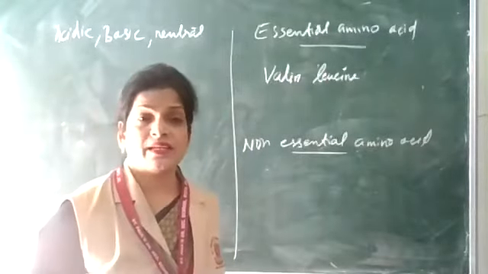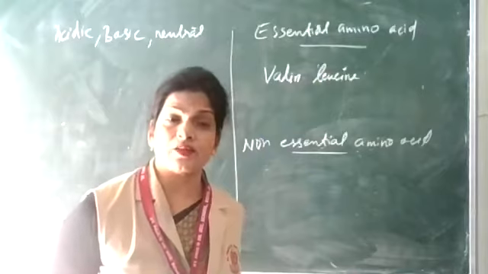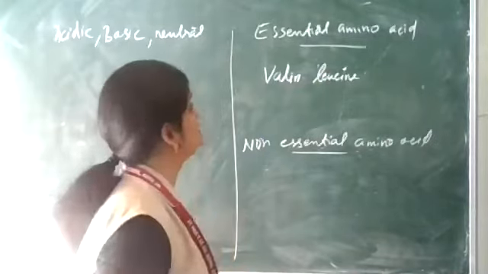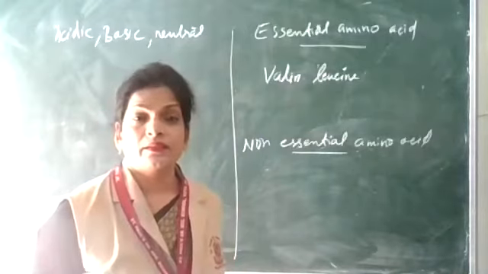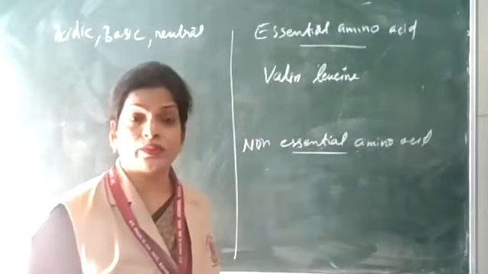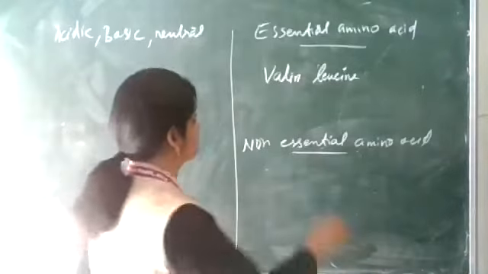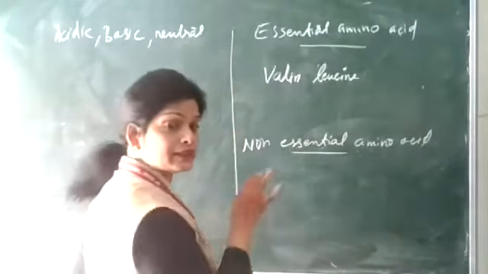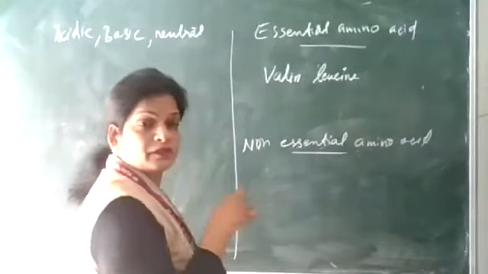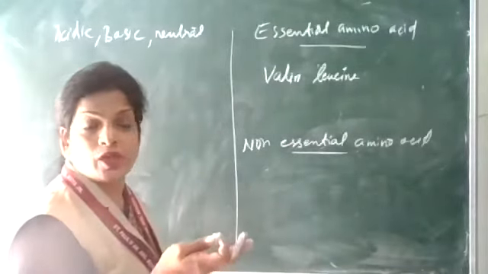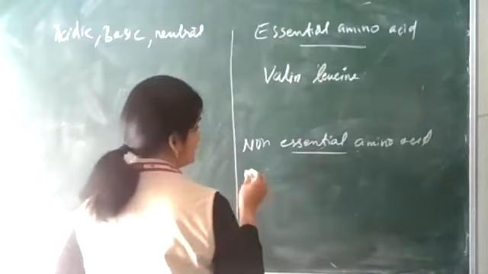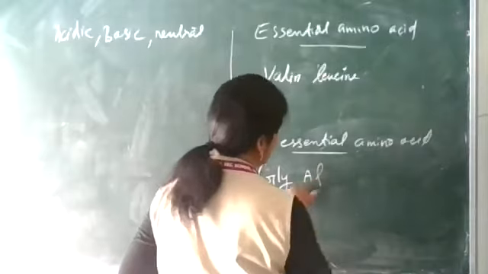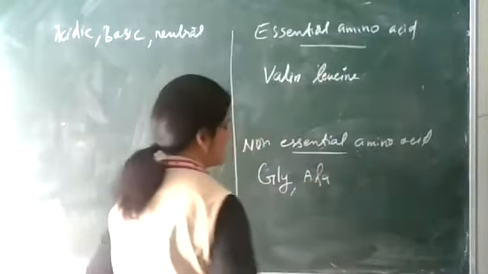Non-essential amino acids are those amino acids which are already present in our body; you don't have to take them from outside through diet. Essential amino acids are to be taken from outside, that is through the diet. Non-essential examples: glycine, alanine.